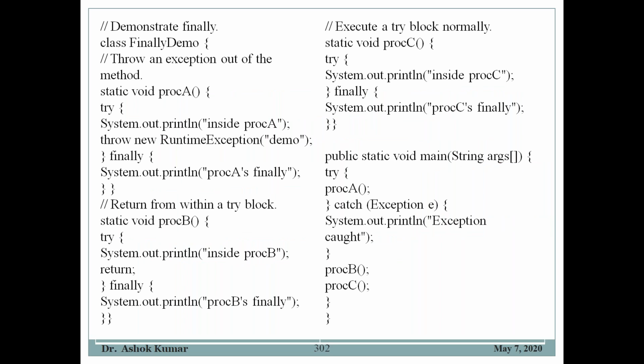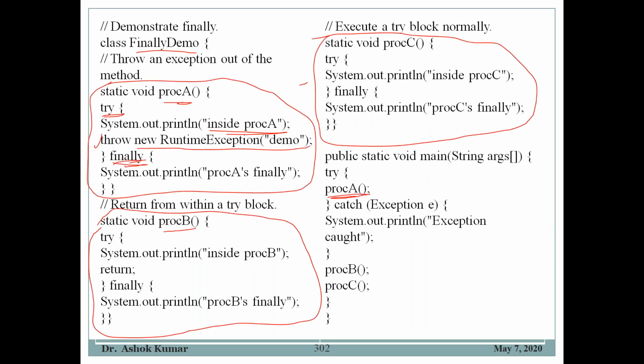So you will get the procA is finally, and similarly when procB is called, you will get this message inside procB, and before the method returns you will get the procB is finally as well.